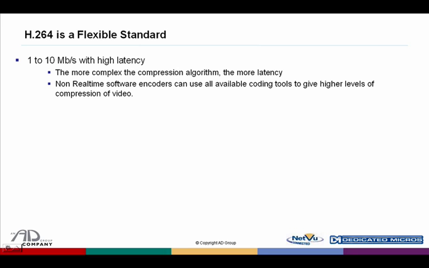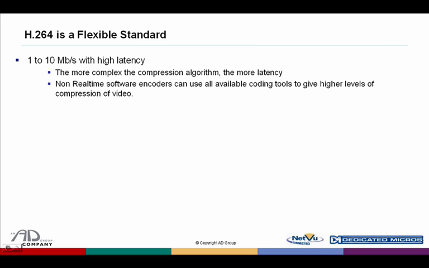In the area of high bandwidth, where we're generating high bandwidth signals, very often for high definition images, to get the levels of compression we would probably need to use the more complex compression algorithm tools. So we'll be using very small macro blocks to provide the level of compression, and that means we're going to be doing an awful lot of computation, which takes time and therefore will add latency.